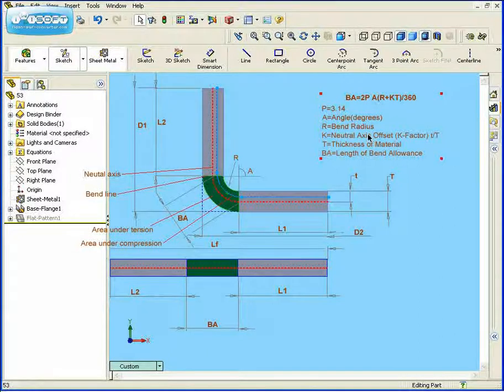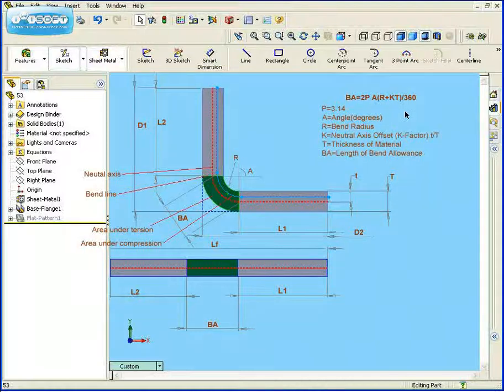The K-factor, as we see here, equals t, the offset distance to the neutral axis, divided by T, the thickness of the material. In this formula, the bend allowance equals 2 pi multiplied by A, the angle, multiplied by the sum of R, the bend radius, plus the K-factor multiplied by T, the thickness of the material.